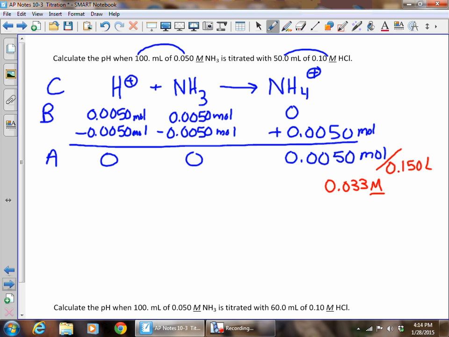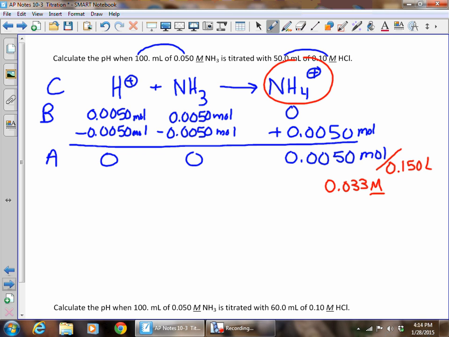That's the only thing that's left in the system besides water. We can think of NH4 plus as an ion of the salt of that weak base, which means it's a weak acid. What's water going to do? It's going to attack. There's no NH3 in this system, so we cannot start the reaction with NH3. We have to start the reaction with this NH4 plus. It's all we have left.